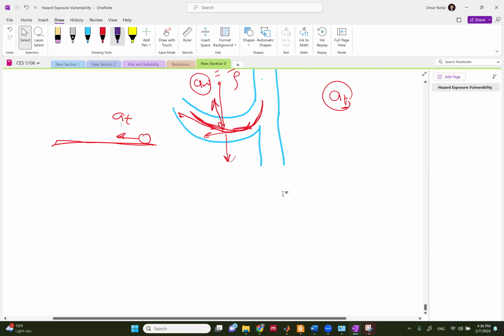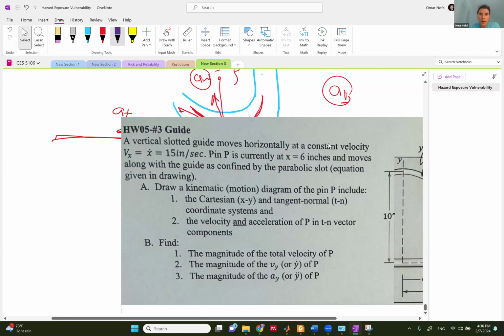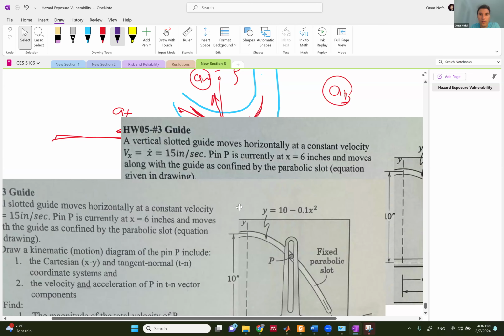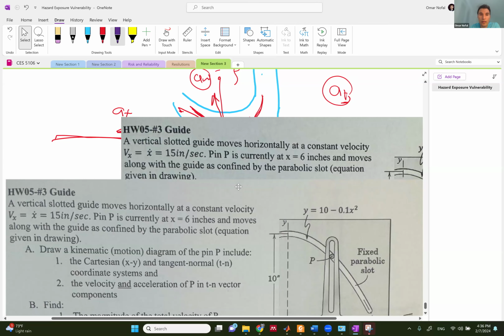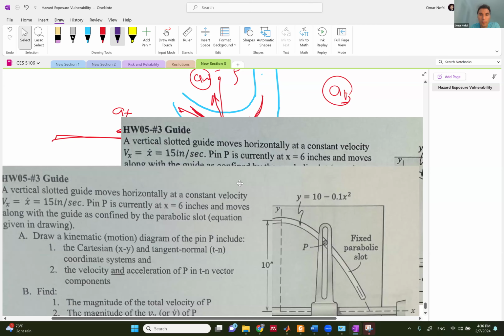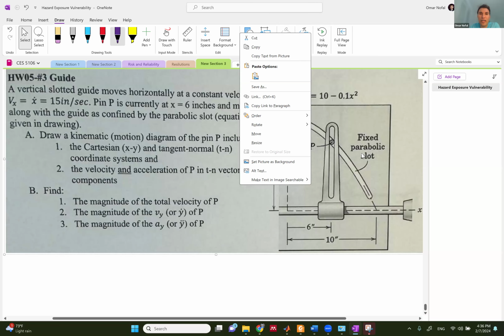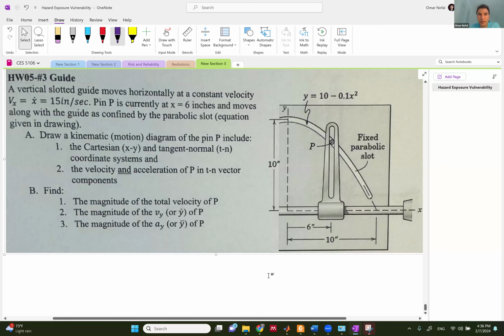Well, it depends on the problem, but I will give you stuff that you will be able to solve, at the same level as the homework and the class lectures, but there will be only one long question, because we only have 1 hour, so I can't ask you to solve step by step every question. Some of them will be short, some of them will take a few steps. But anyway, let's focus on this problem.